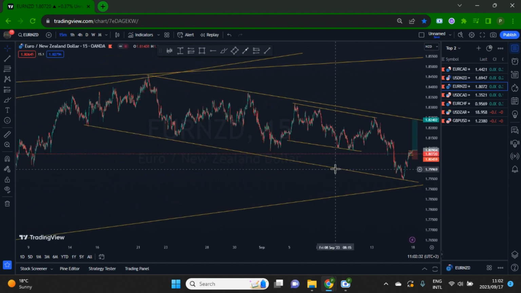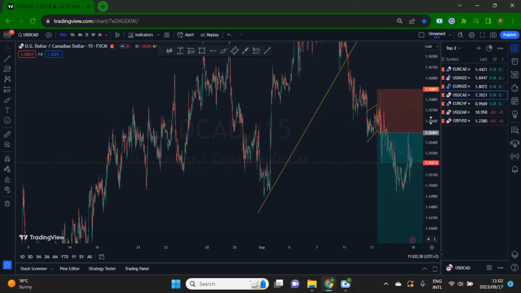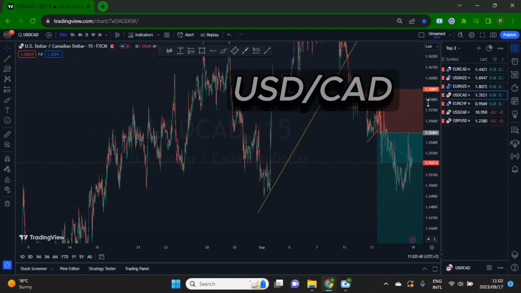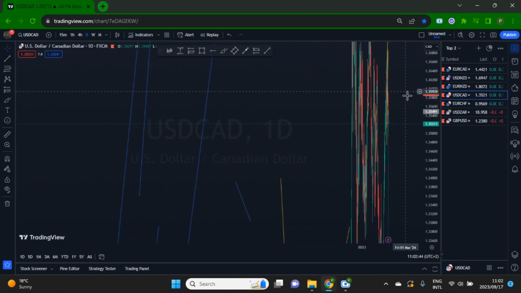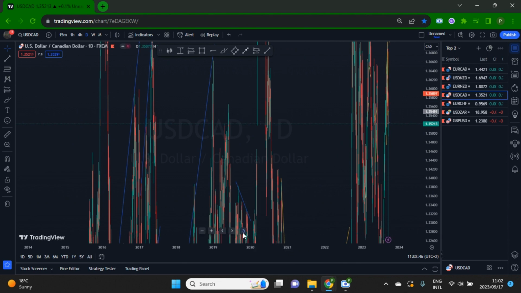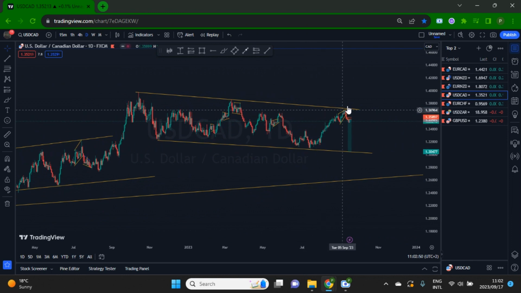Now let me go to the USD CAD, right? Enough about Euro NZD. So the USD CAD, we're inside, guys. We are inside. I've been eyeing this one for a long time. I was expecting, when it reaches this trend line, a reversal, impulse to the downside, correction, impulse, all the way until we reach here.